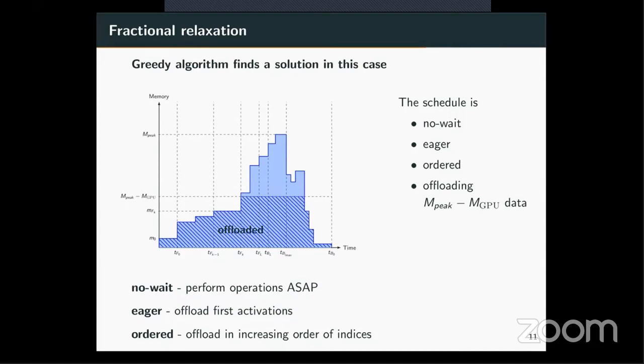Intuitively, in order to avoid a large overhead due to communication, it is required to communicate as early as possible. We actually prove in our paper that for the fractional relaxation, the optimal schedule is no wait, eager, ordered, and sends an amount of data exactly equal to mpeak minus mGPU.